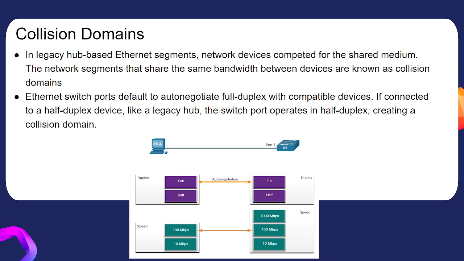If connected to a half duplex device like a legacy hub, the switch port operates in half duplex, creating a collision domain. So we have here an example, which is duplex full. We have auto-negotiation to full duplex and speed, 100 Mbps to 100 Mbps also.